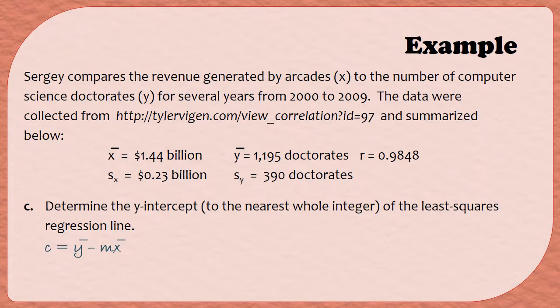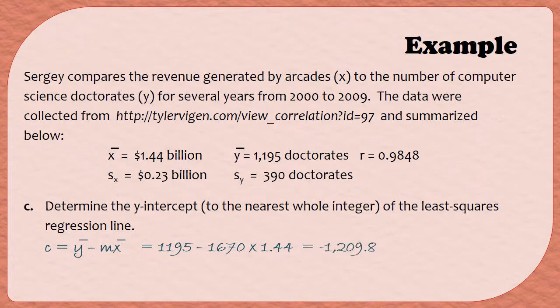Fortunately, we just did that in part B, so I have all of the information that I need to substitute in. So I put in 1,195 for my y-bar, 1670 for the slope we just found, and 1.44 for x-bar.